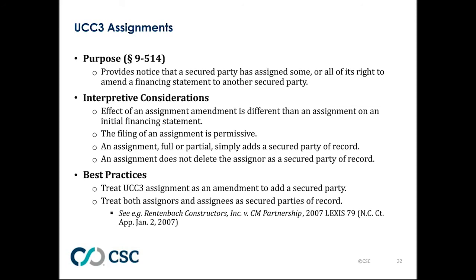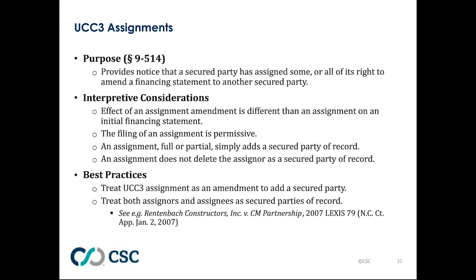It still remains with us, and we're perfected by our financing statement. And the court agreed with the bank. The lesson here is that Factor 2 could have protected itself. When it conducted a search and saw Factor 1's financing statement and the bank's financing statement, it could have contacted the bank to find out what the bank's claim was, but instead it relied on the public record, and it suffered a substantial loss as a result.